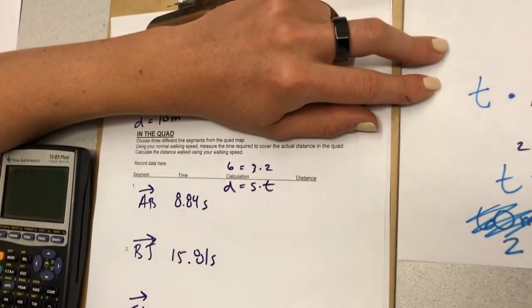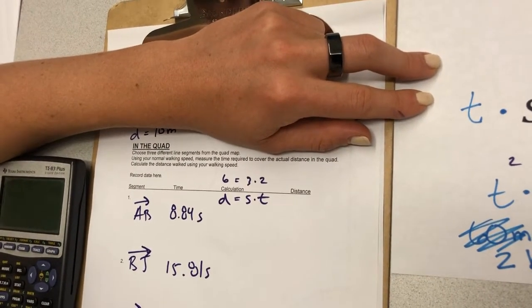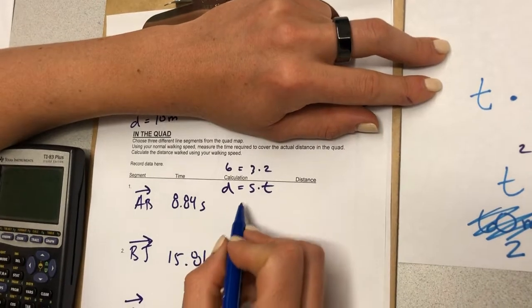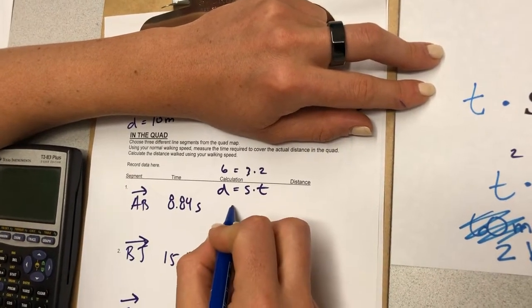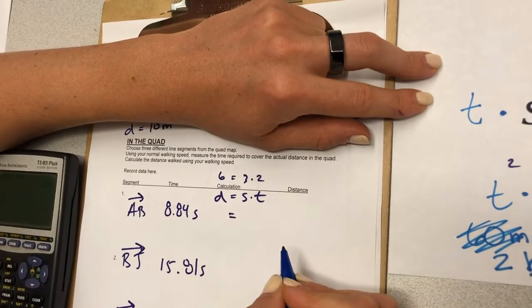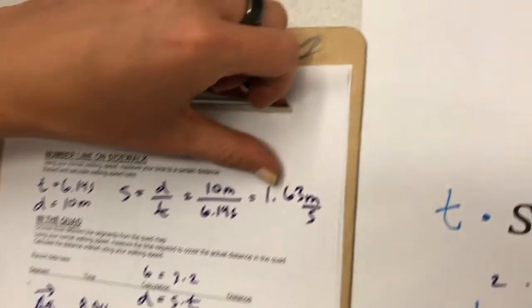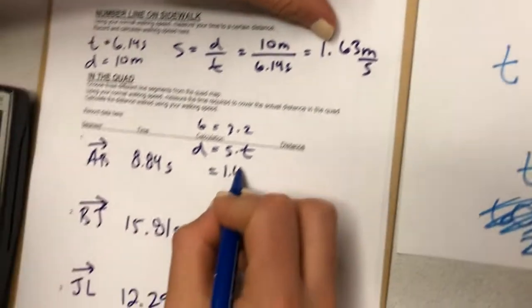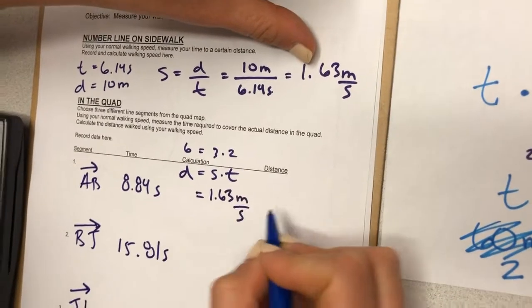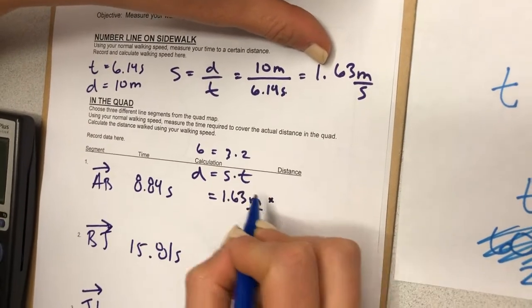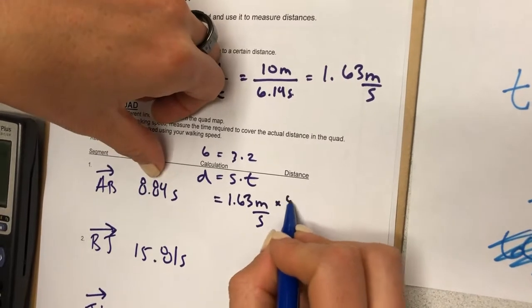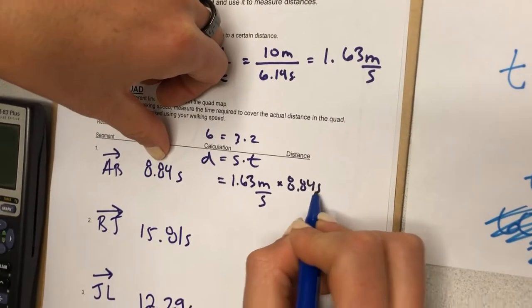So I'm going to do the first one with you guys, and you guys are going to finish off the last 2. All right, so we're trying to figure out the distance here. Distance equals our speed from up here, 1.63 meters per second, and our time is 8.84 seconds.